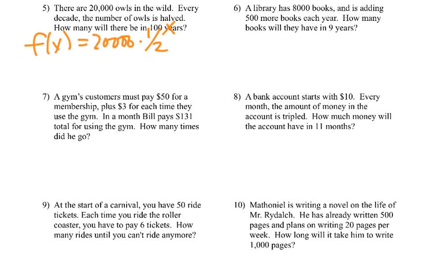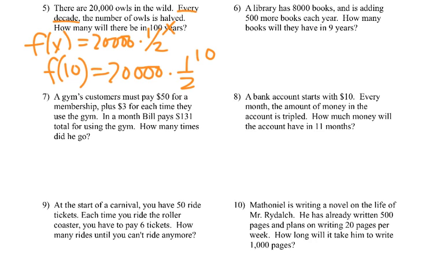It says that's every decade. So in 100 years, that's 10 decades, 10 iterations. So we go f of 10, not f of 100, times 1/2 to the 10th.